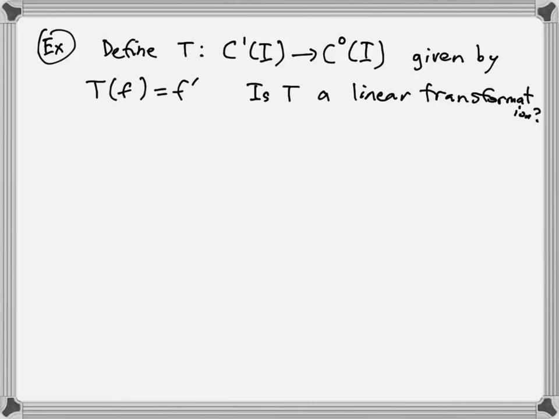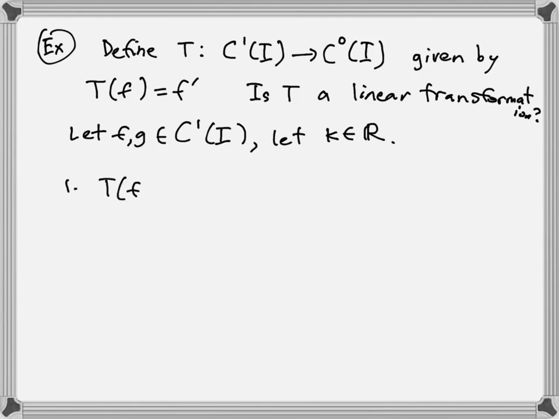Okay, well, we need to check linearity properties. So let's let f and g be in our vector space, and let's let k be a real number. Okay, let's check property 1. What is T of f plus g?